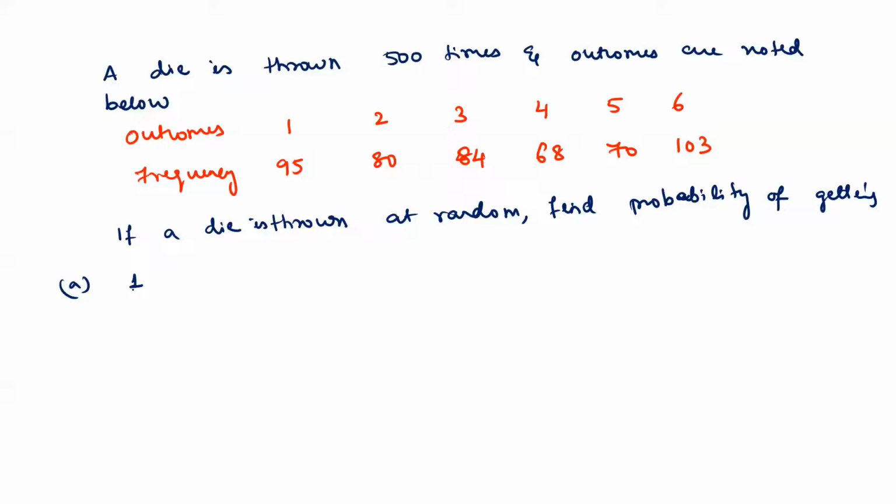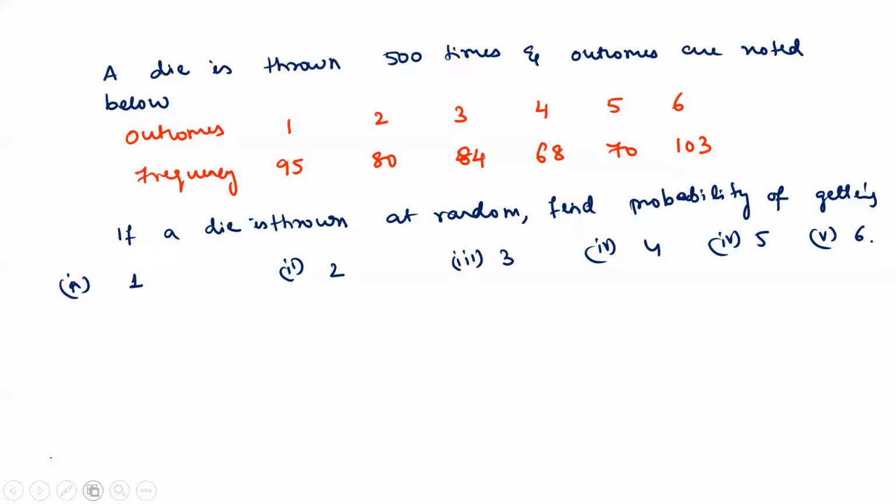How many events? 6 events. I will get one among these 6 events. So what is the probability of getting 1? What is the probability of getting 3, 4, 5, and 6? Is the question clear to all?